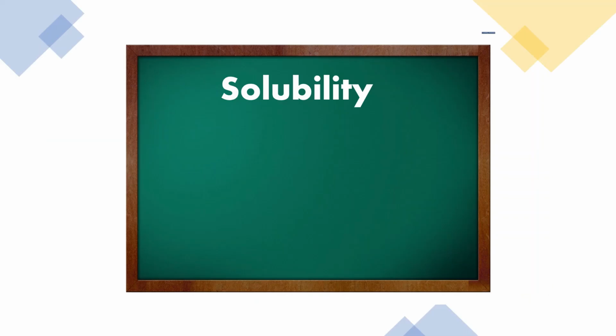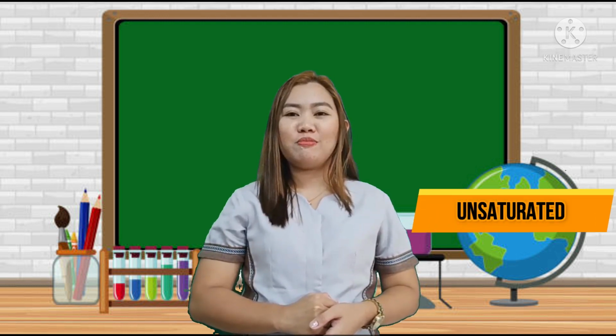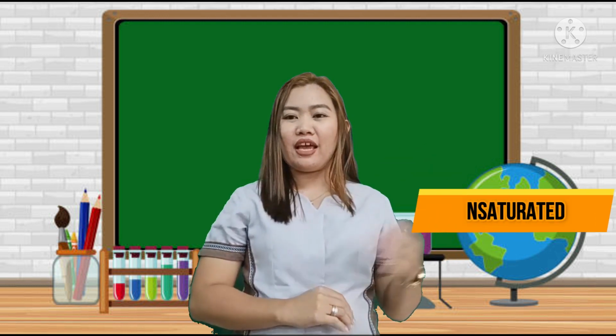You also learned about solubility. Solubility is the ability of the solute to dissolve in a solvent. So when there is a small amount of solute dissolved in a given amount of solvent, the solution is said to be unsaturated.